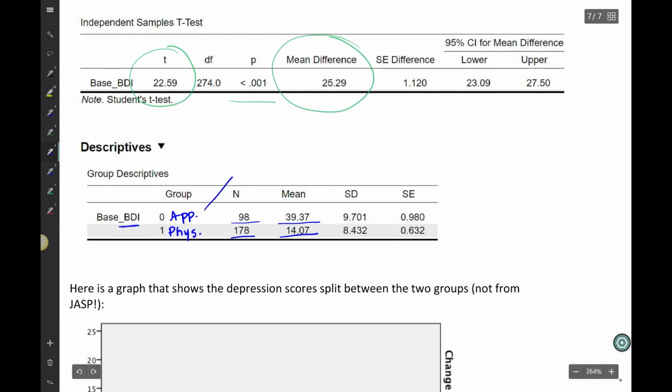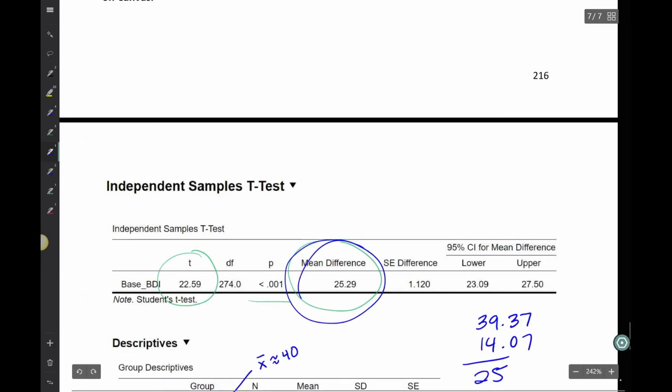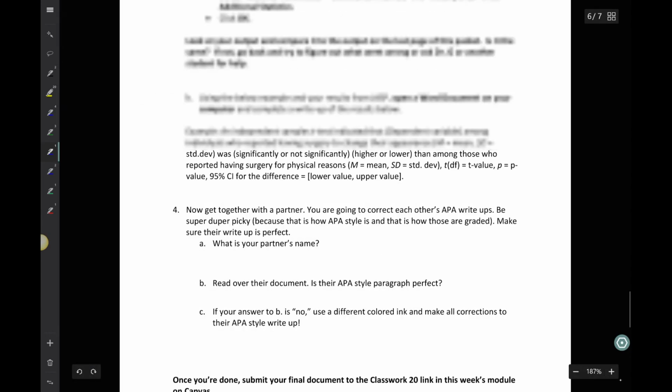So for appearance, that group's mean is around 40, and the physical group's mean is around 14. So this mean difference, this 25.29, is the difference between our two groups. 39 minus 14 gives us our 25. So we've got that written in.